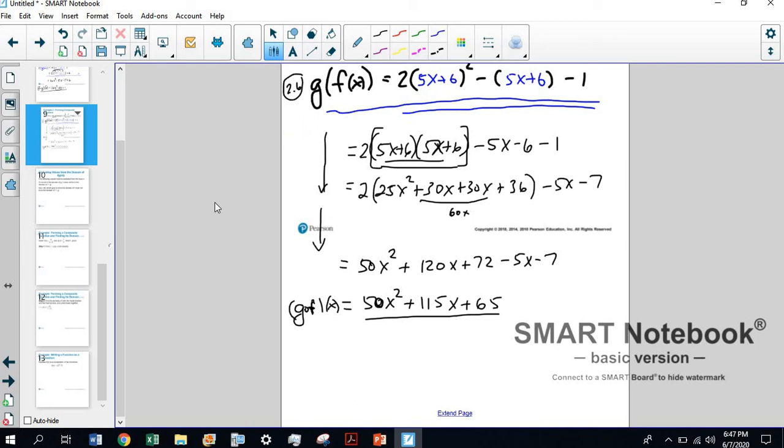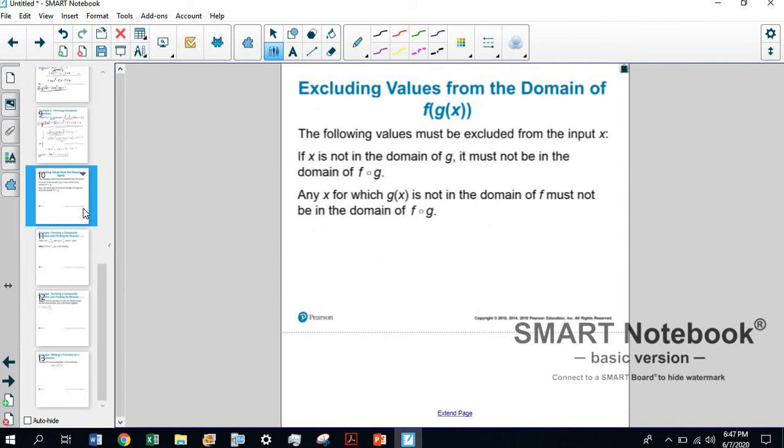Okay? So once you have composition down, we have to look into the domain, right? So if we're looking at f of g of x, remember that's f circle g, that's the way we write it. Then if you want to find the domain, then these are the rules.